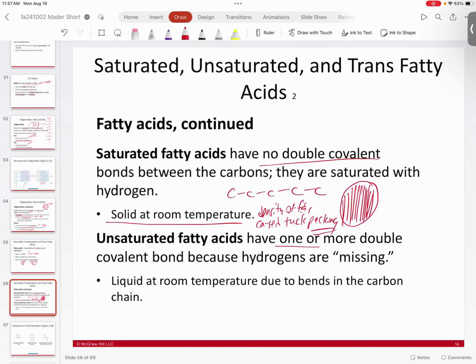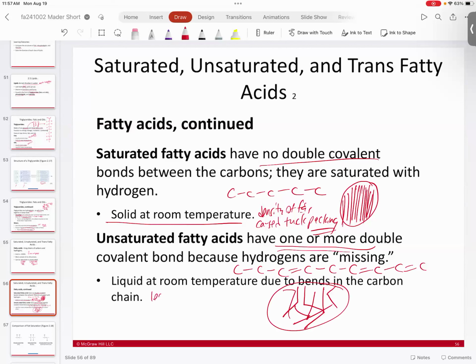Unsaturated fats have one or more double bonds. So you have a carbon, and then all of a sudden a double bond, or a few double bonds. Every time you have a double bond, it forms a bend in your fatty acid tail. Instead of being a straight chain, it forms a kink. When you have a kink in your tail, you can't put as many in there because those tails are getting in the way.